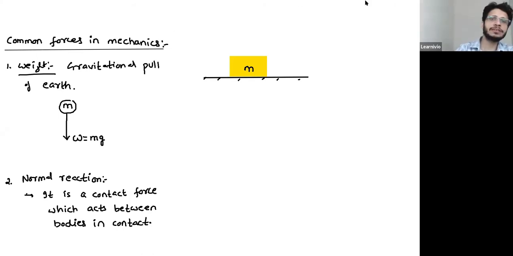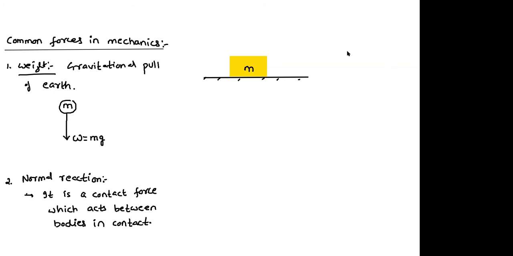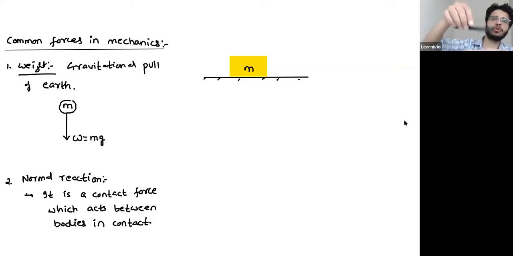But if I place this pen over my hand, it's not going anywhere. Why? Is gravitational force not acting on the pen now? Yes, the gravitational pull of Earth is acting on the pen even if this pen is at rest.